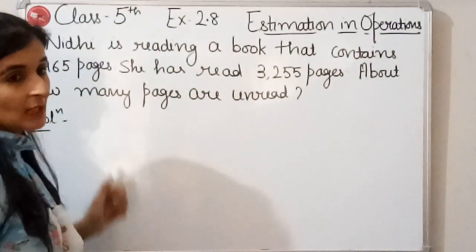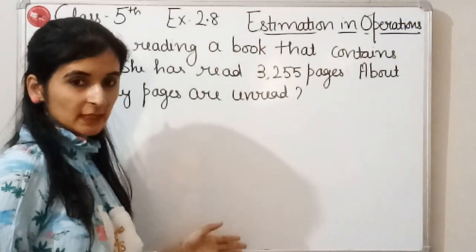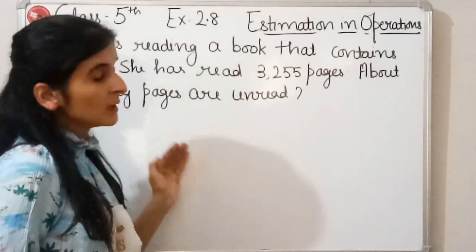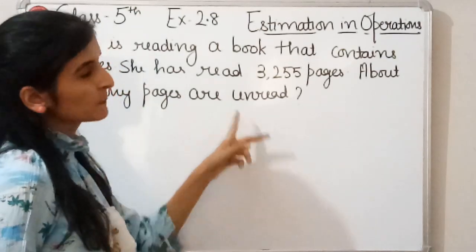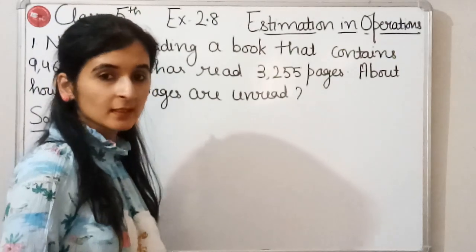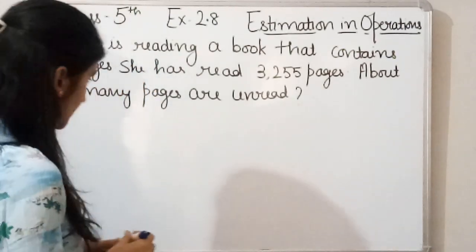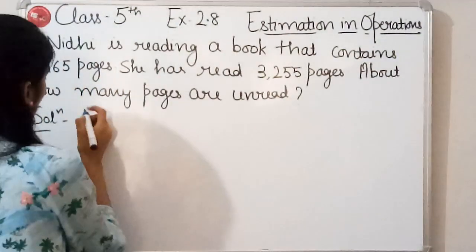The number of pages are in thousands. So first of all, we have to round off these pages to nearest thousands, and then we have to subtract. So let us find out the solution.